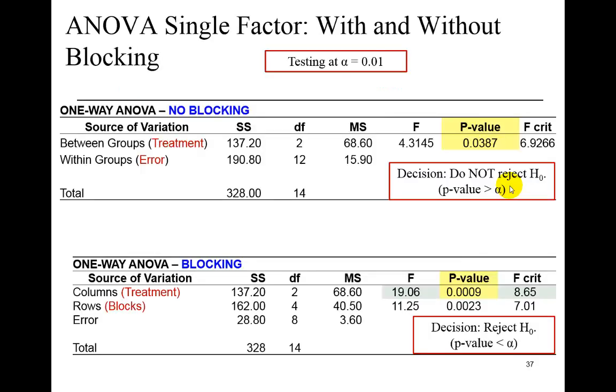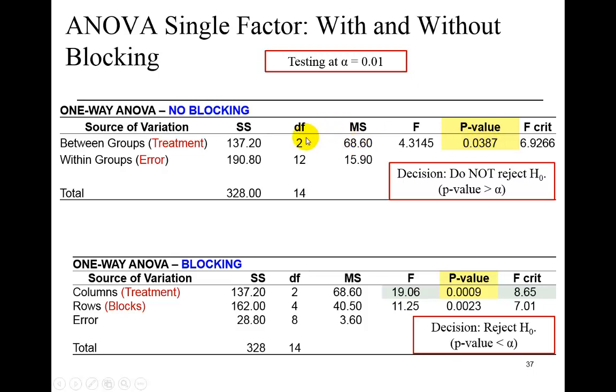So now here's an interesting summary which I showed you right here. Notice that if we had tested this model without blocking, as in this first table I show you right here, if we had tested it at the 5% level of significance, we would have initially rejected the null hypothesis, because as you can see here, this p-value is less than 5%.